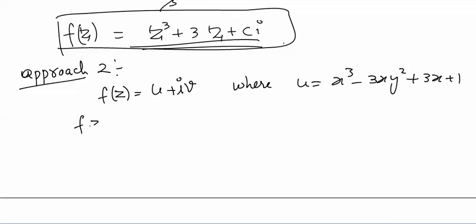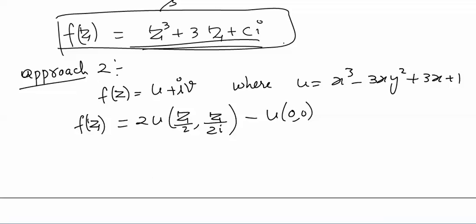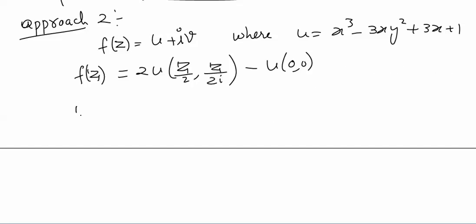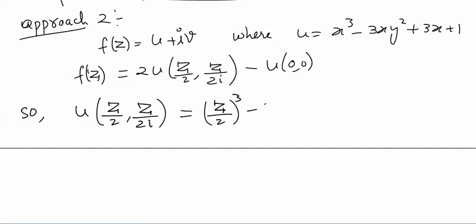So you want f(z). f(z) is directly, I told you, 2u of (z by 2, z by 2 iota) minus u(0, 0). So find out u(z by 2, z by 2 iota). Directly, instead of x I will put z by 2, and instead of y I will put z by 2 iota.